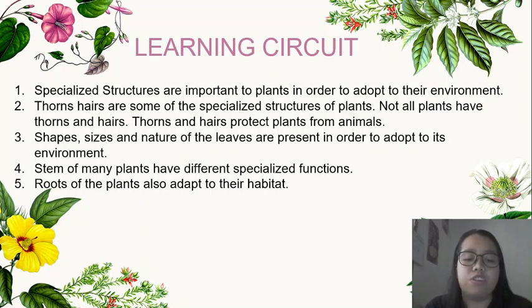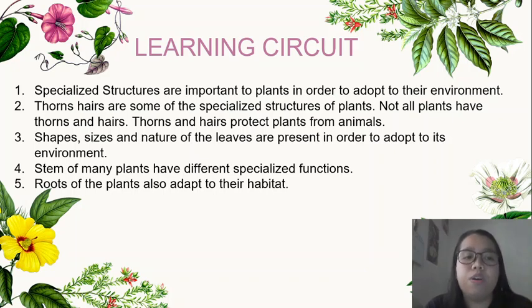Their structures are suited to what they need in that place in order to survive. Examples are forest trees. They grow tall to get sunlight. And we have cactus. They have thick stems to store water because cactus live in desert areas.